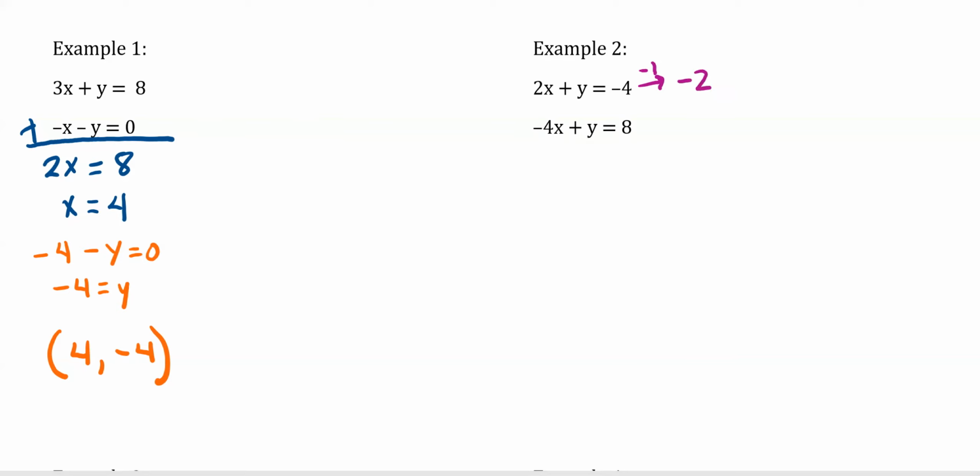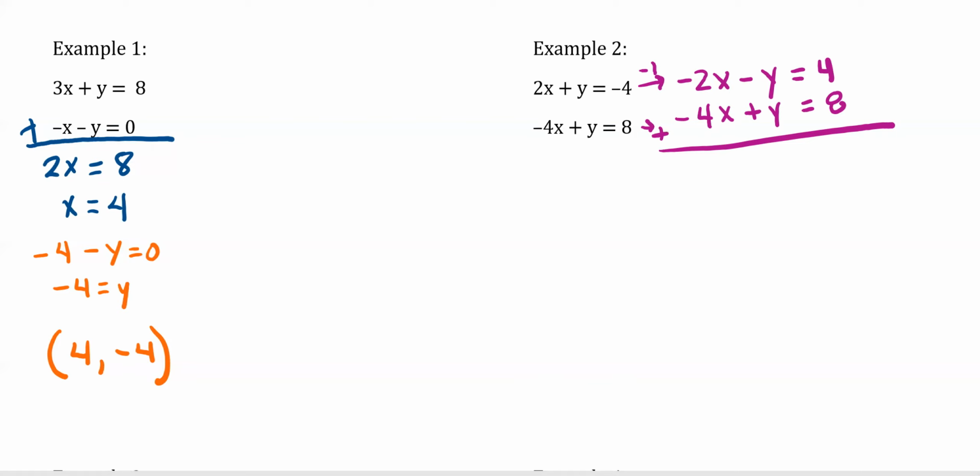It doesn't matter which one. And then I'll leave the second equation alone. I now have -y and a positive y, so the coefficients are opposite. So I will add the two equations together.